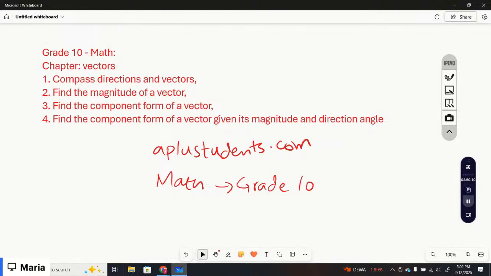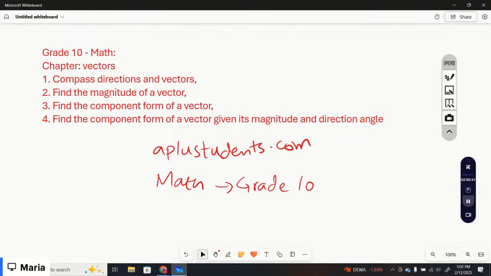So we're going to start with the chapter vectors. The lessons we're going to cover today are compass directions and vectors, find the magnitude of a vector, find the component form of a vector, and find the component form of a vector given its magnitude and direction angle.